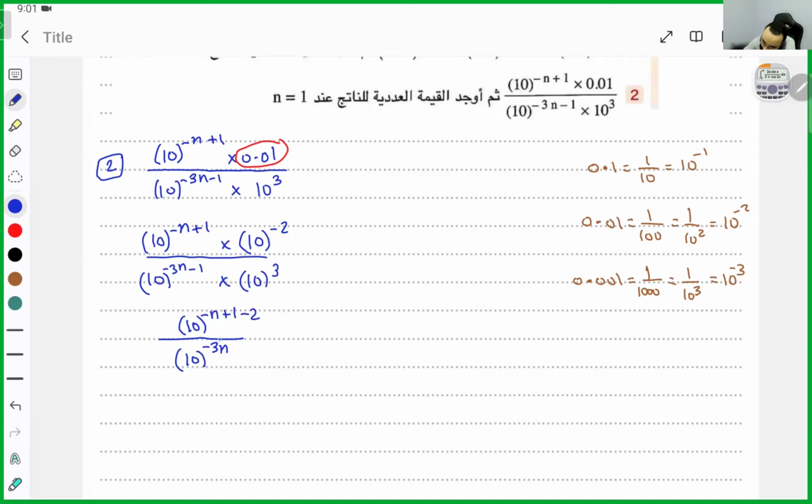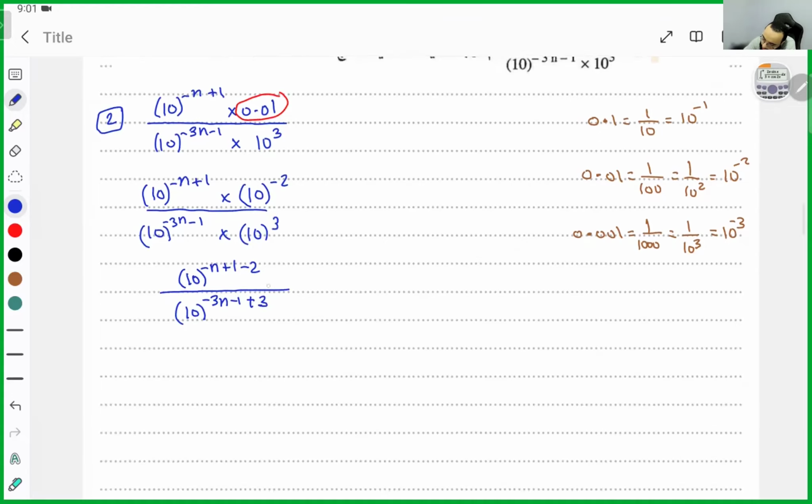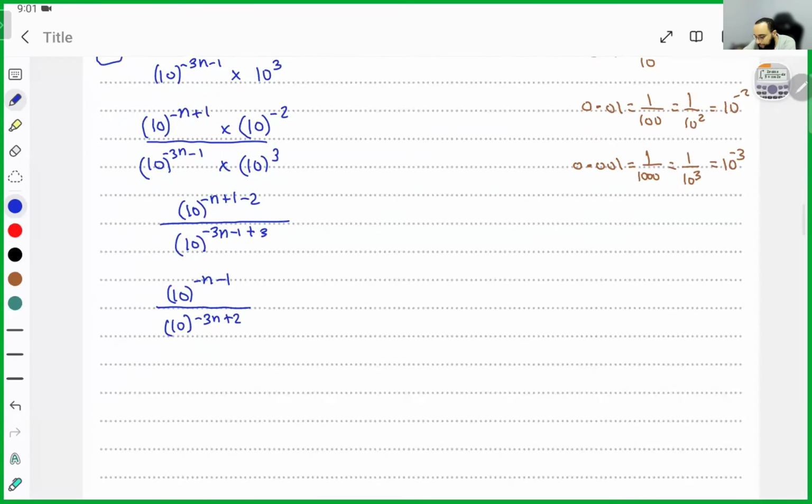Negative 3n, minus 1, and then plus 3. Correct? So it's 10 power of negative n, and 1 minus 2 is negative 1, so negative n minus 1. Here it's negative 3n and 3 minus 1 is positive 2. Take care about this step. Right now we are going to subtract these powers.